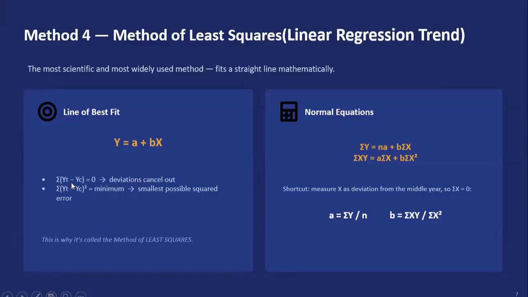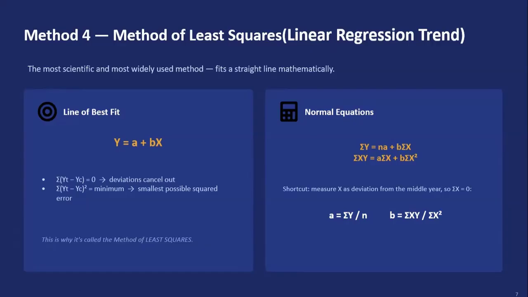First one, the sum of all deviations of actual values from the line is 0. It means summation yt minus yc equal to 0. Second, the sum of the squared deviation is the smallest possible value, summation yt minus yc whole square, equal to minimum.